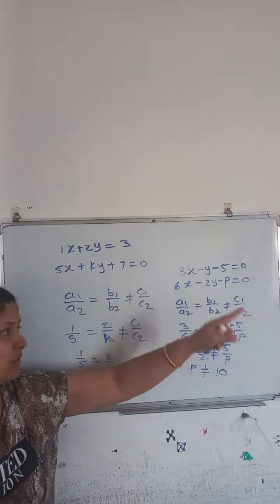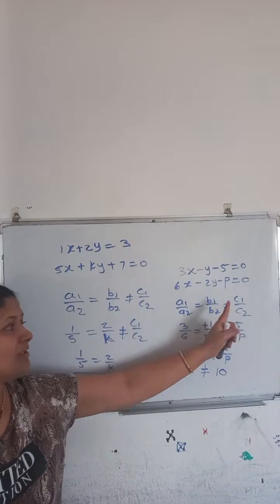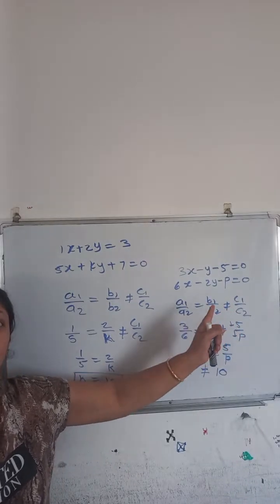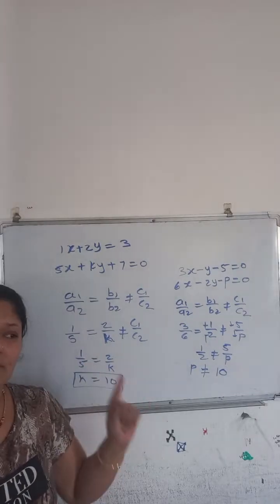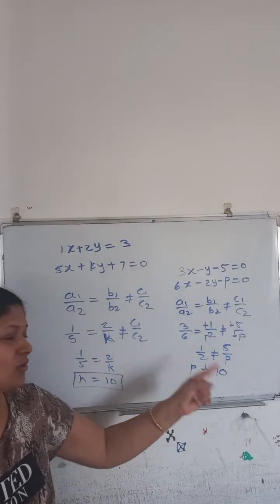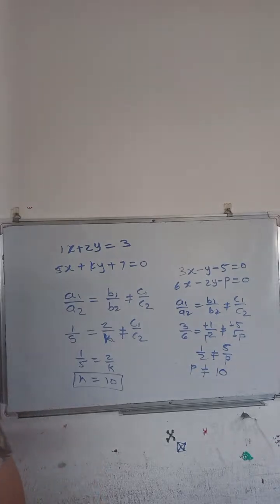Getting this? So the answer in this case is P is not equal to 10. Don't modify your answers. Means P can have any number other than 10. Getting this? Yes, Mariam, correct.